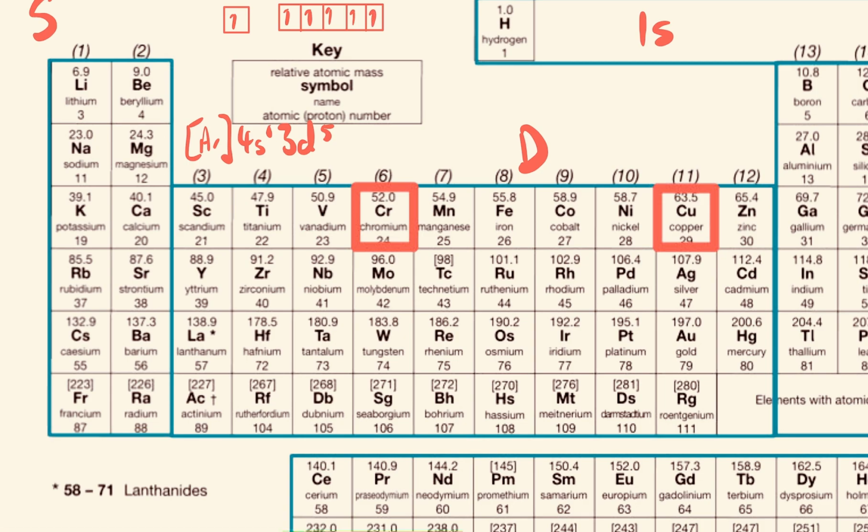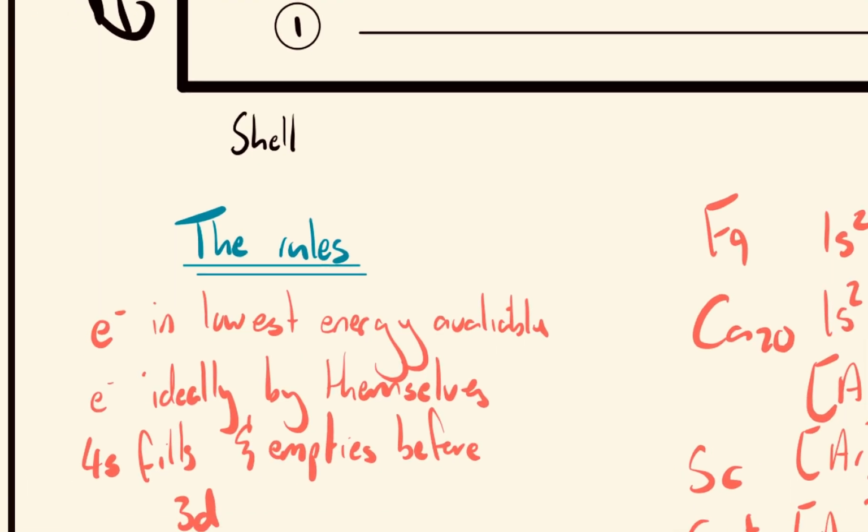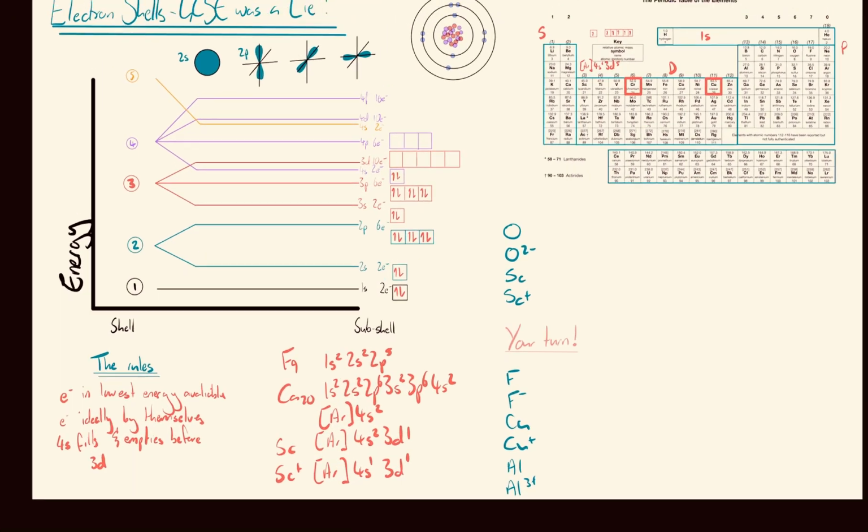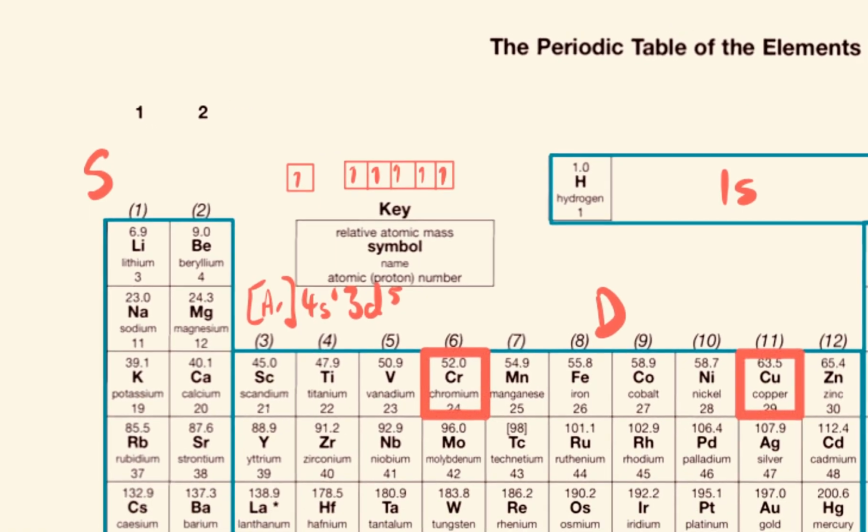So this is one of the few examples that breaks that first rule, that electrons are in the lowest energy available, or it appears to anyway.